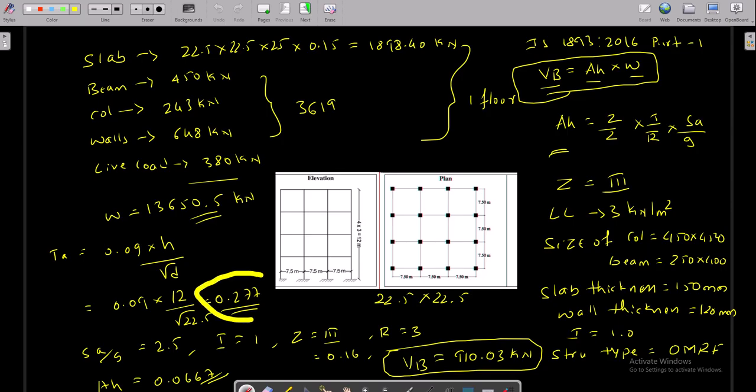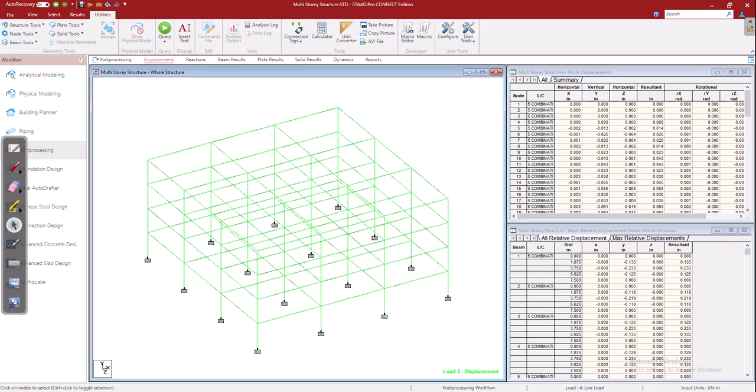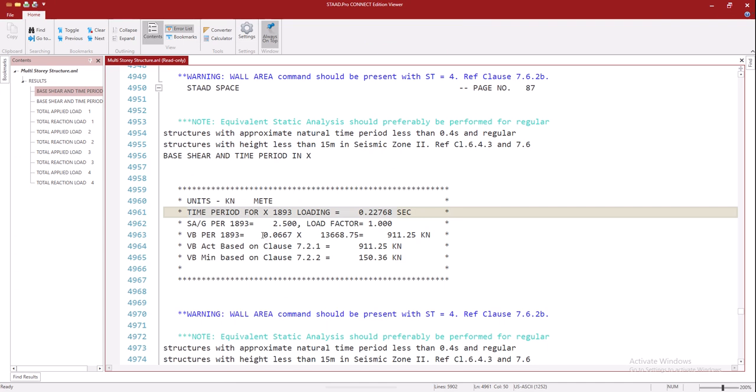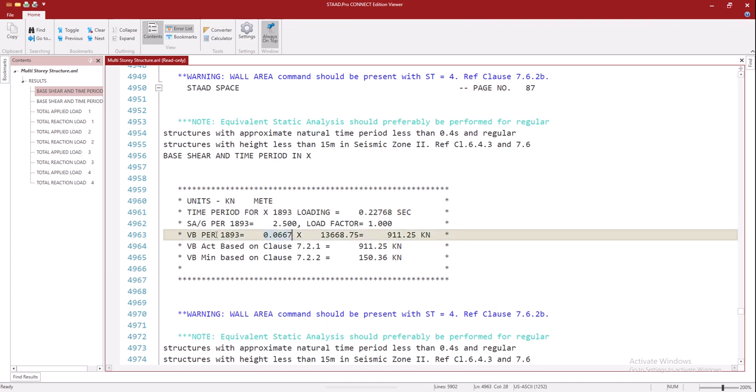I hope you are getting this. And here this is AH VB, which is equal to 0.0067, and this is total W. And the value of 910 kilonewton is the total base shear, right?